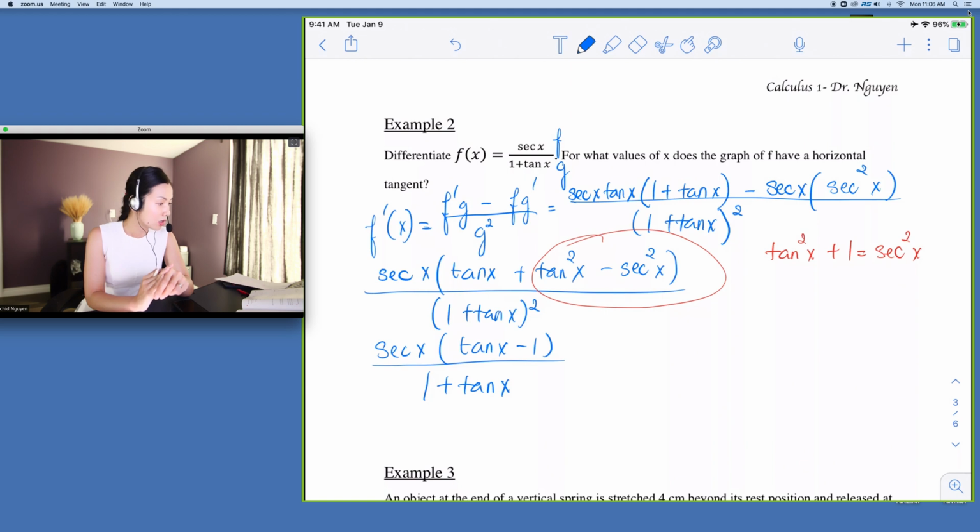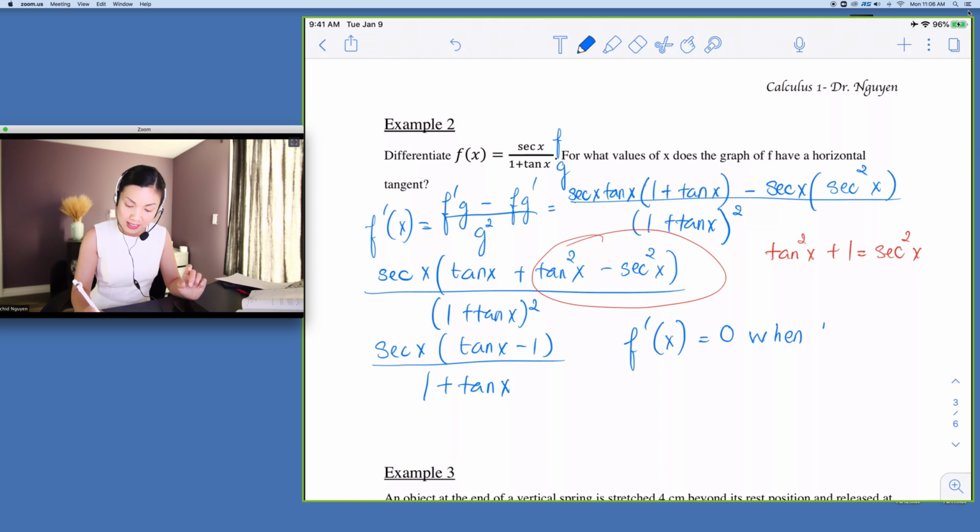Okay, hopefully you see secant of x is never 0, right? Secant of x is never 0. So we can see that f prime of x is 0 when tangent of x minus 1 equals 0, because secant can never be 0.